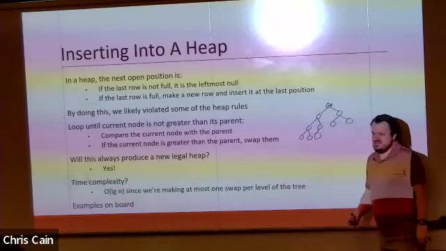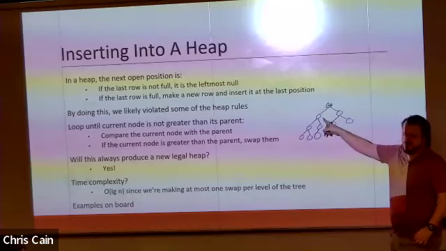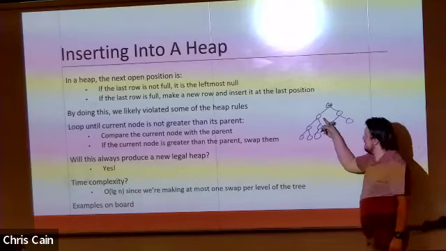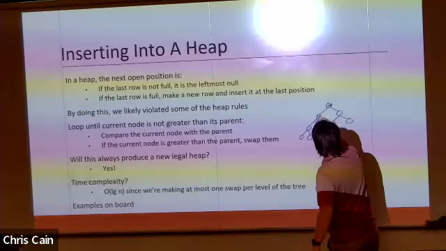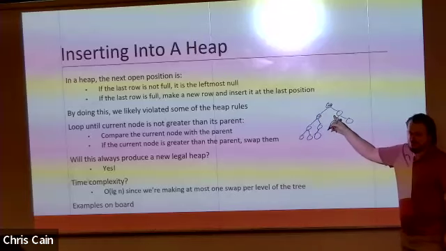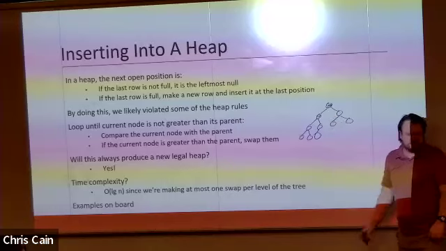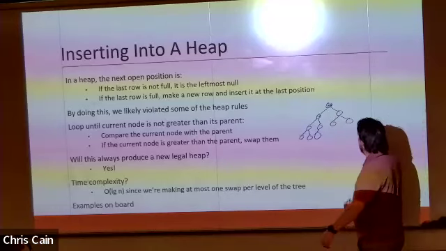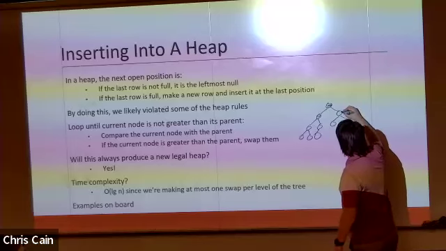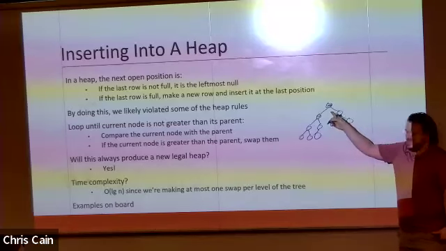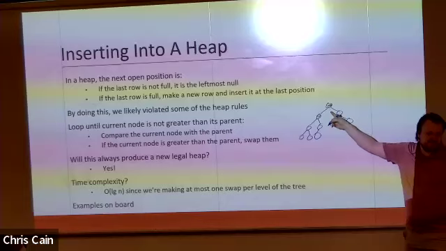What else can we add to this heap? What goes here or can go here? 70 seems reasonable. What can go here? 123? That would be greater than 100. We can't have that.